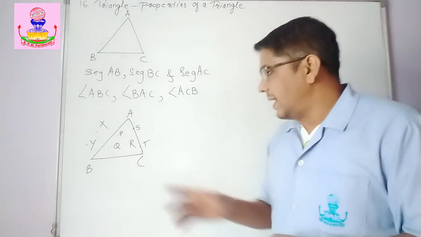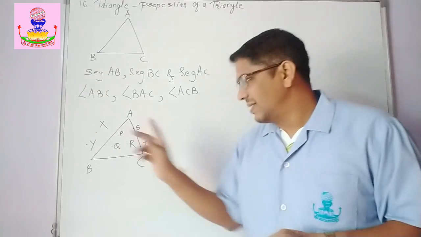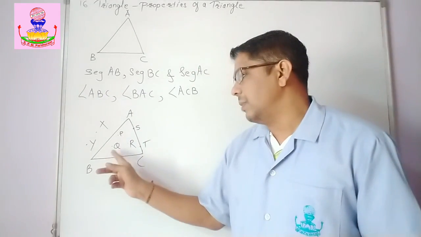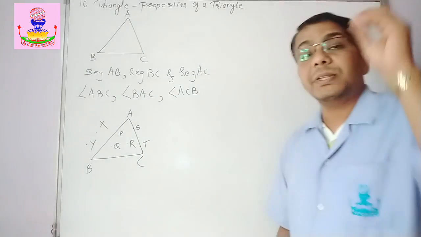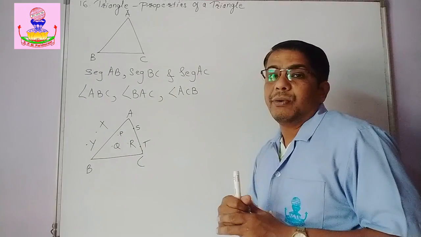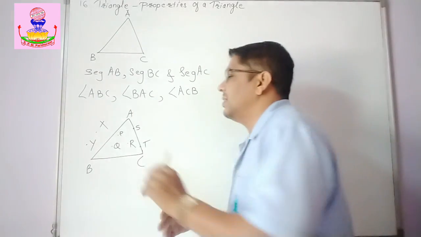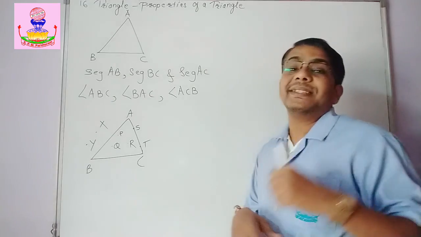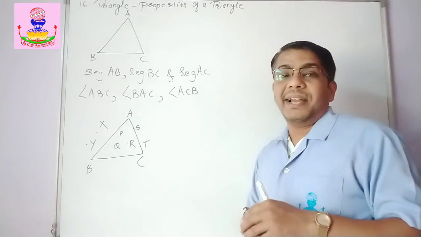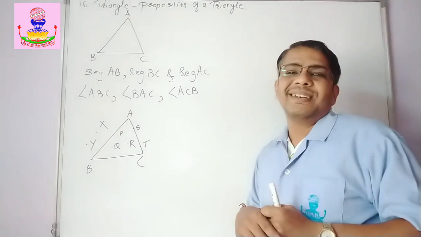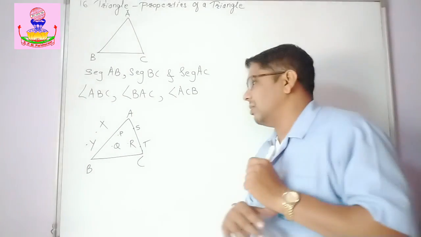So the region inside the triangle is called the interior of the triangle. So here point P, point Q, point R, they are in the interior of the triangle. Whereas the region outside the triangle is called the exterior of the triangle. Here point X, point Y, they are in the exterior of the triangle. And the points which lie on the edge of the triangle are said to be on the triangle.